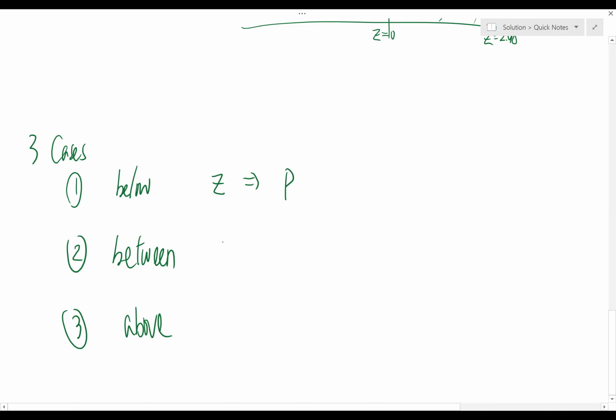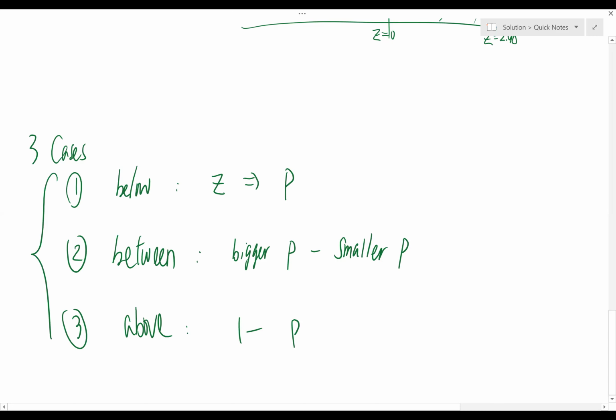In between, you're going to find a bigger z-score using bigger probability minus smaller probability. Okay. And then above, we're just using 1 minus probability. You look up from table A2, right?